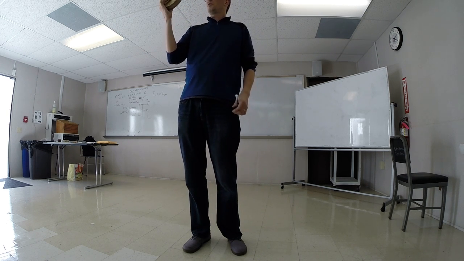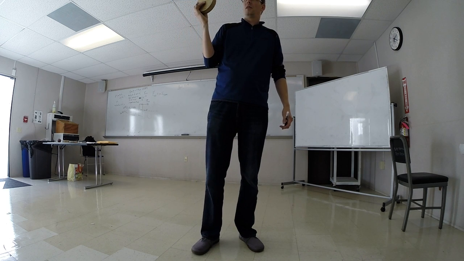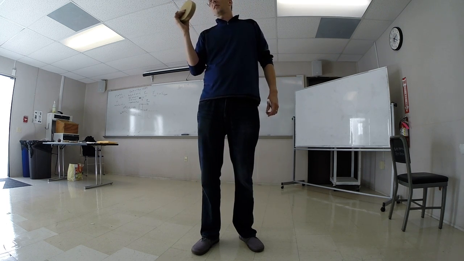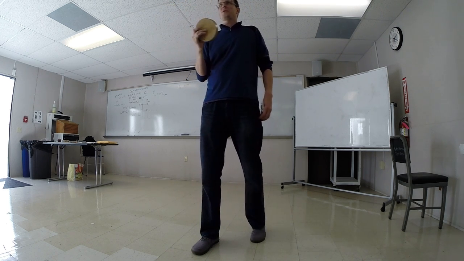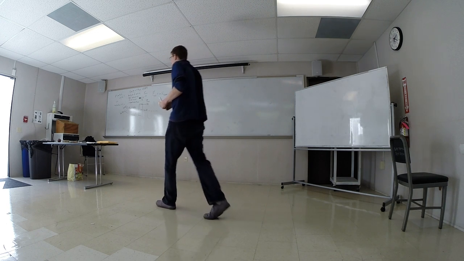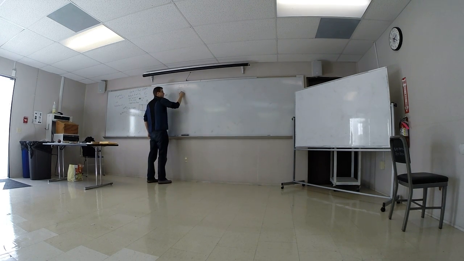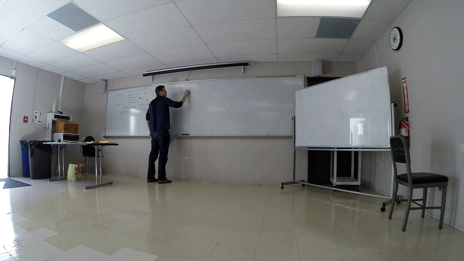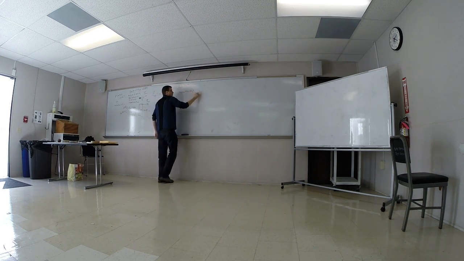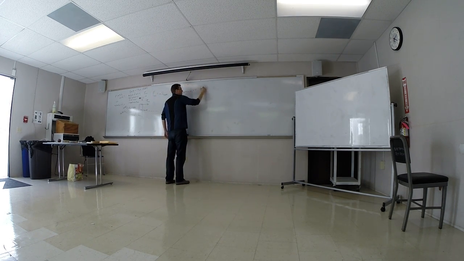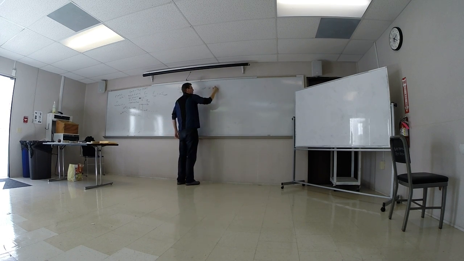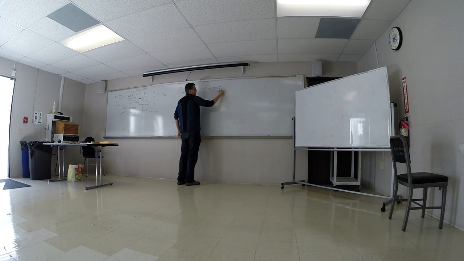Then the mass is distributed symmetrically around that. So there would be no reason to think that the center of mass was anywhere except the geometrical center, the actual midpoint of this object. So for highly symmetric objects, we have that the center of mass is at the geometric center, which is just the midpoint or middle of the object.